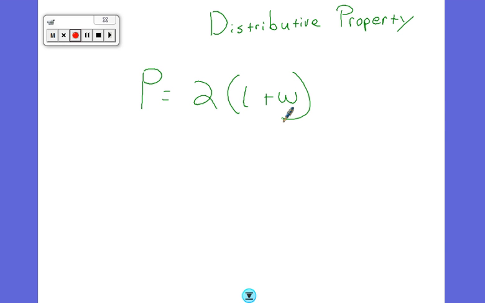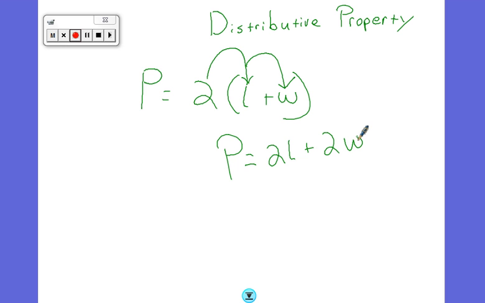I'll show you how this works. What we do is we take this ye old 2 here and we multiply it to the 2 variables inside the formula. And our net result is P equals 2L plus 2W.